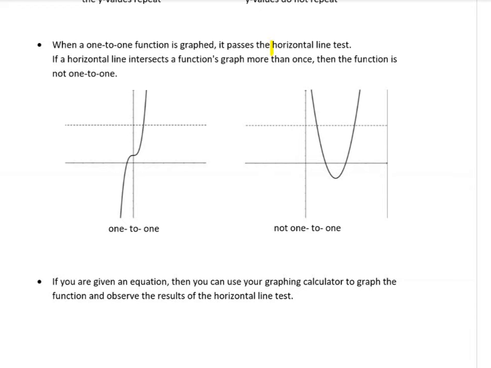Well, in order to determine whether something is one-to-one, it has to pass the horizontal line test. If I can draw a horizontal line and it passes through my graph in more than one spot, it is not one-to-one. In this graph over here on the left, every horizontal line I would draw is only going to hit my graph in one spot, so that is one-to-one.